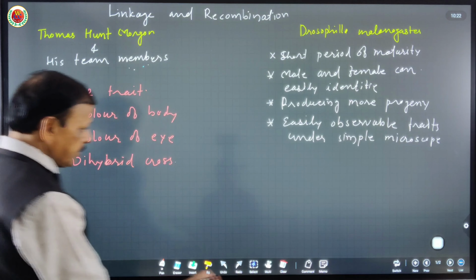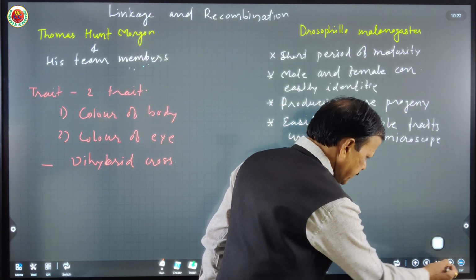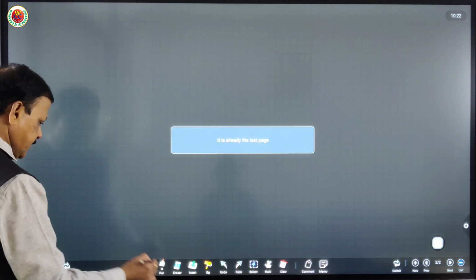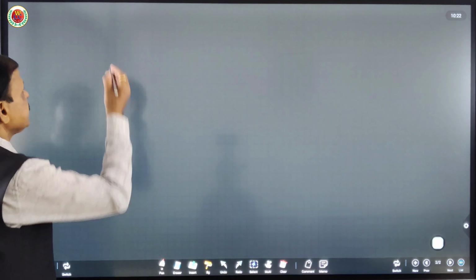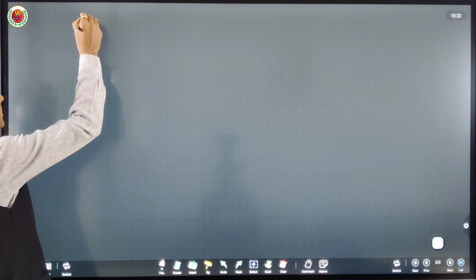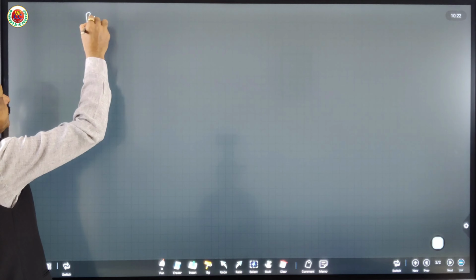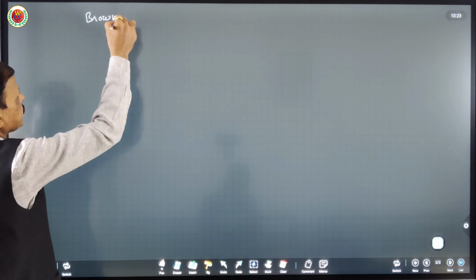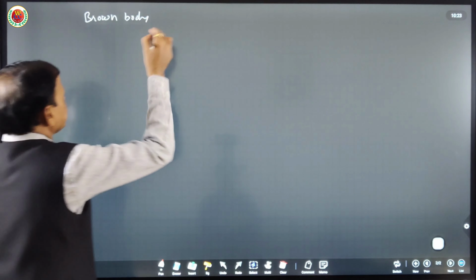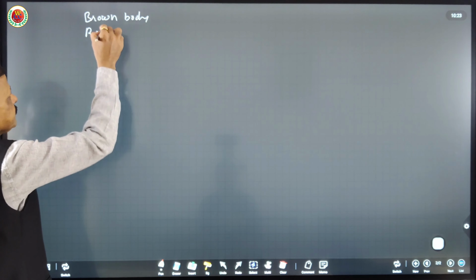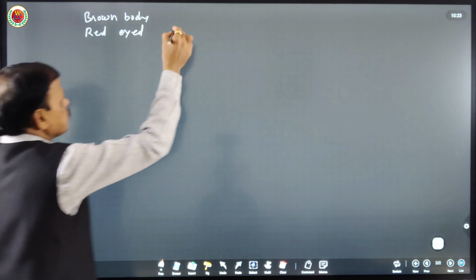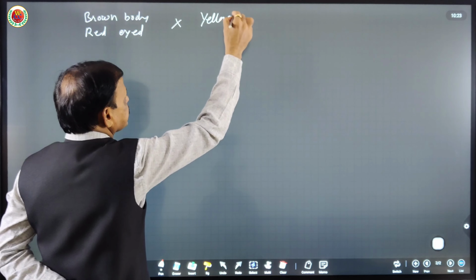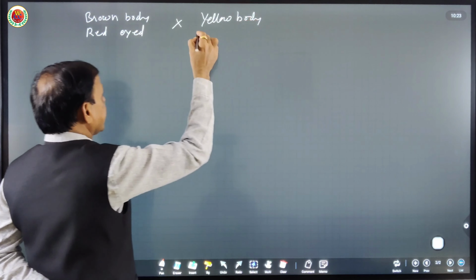So here we have another page we can use for studying that experiment. See, a brown body and red eye fruit fly is crossed with a yellow body and white eye fruit fly.